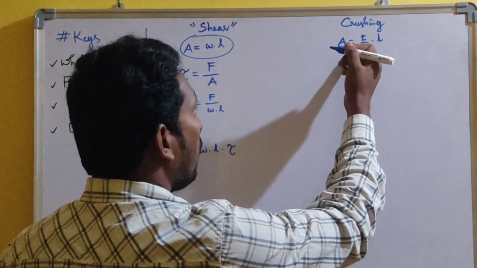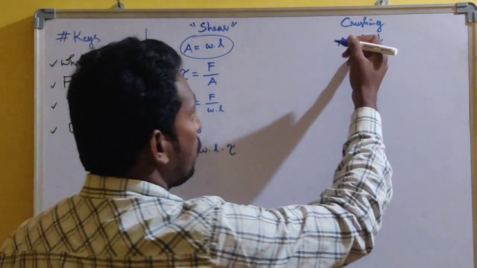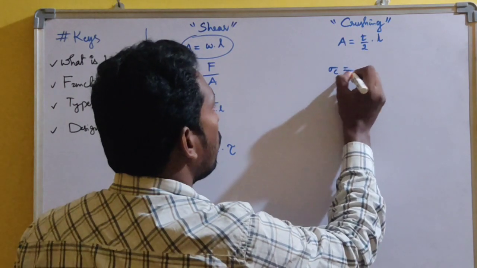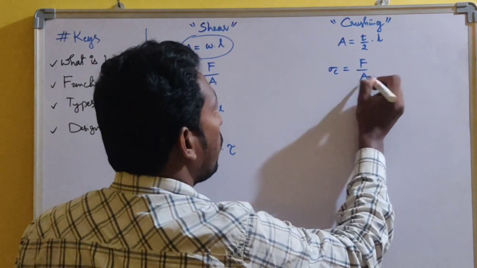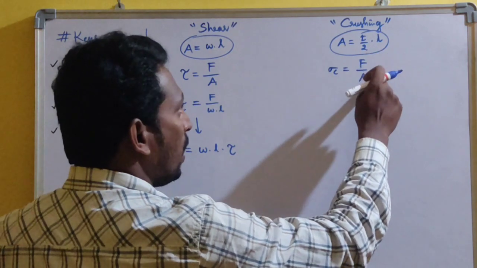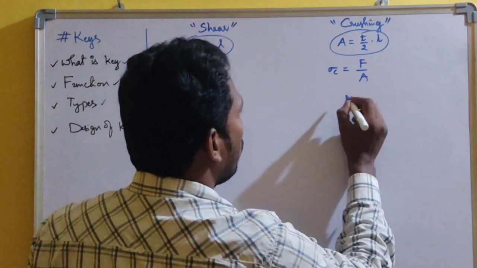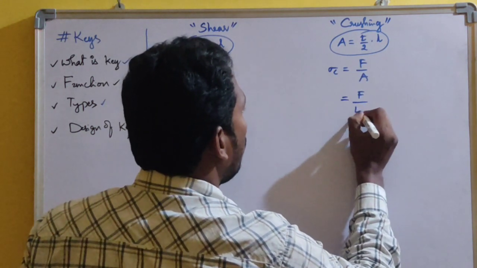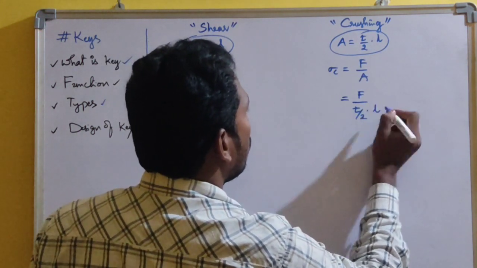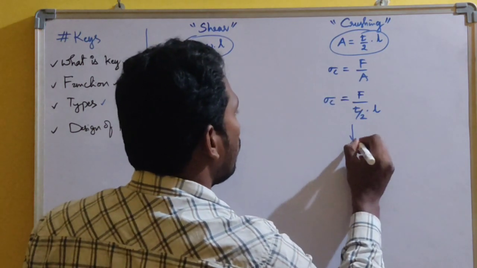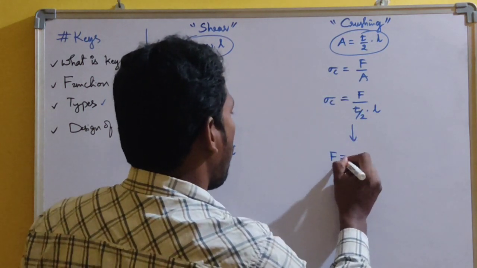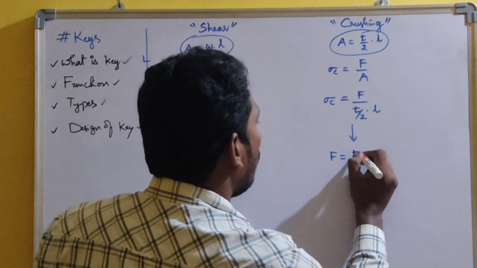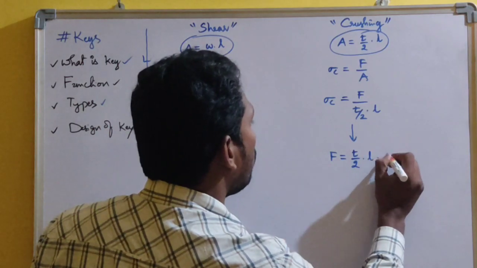Similarly, in the case of the crushing effect, I will take sigma c equal to force per unit area. So sigma c equal to F by A, force per unit area. In place of area I will substitute this one: F divided by T by 2 into L. From this relation I can write F equal to T by 2 into L into sigma c.